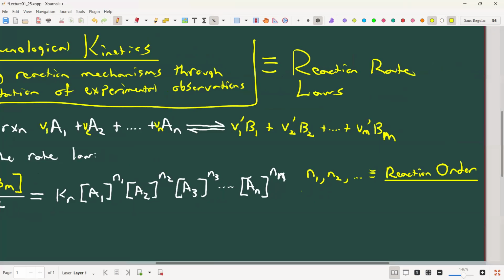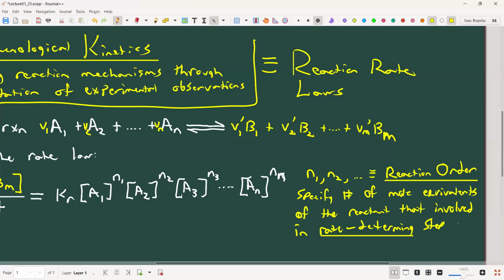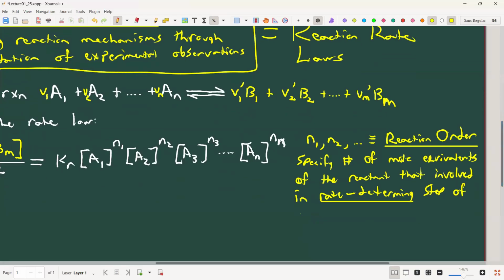And these specify the number of mole equivalents of the reactant that are involved in what's called the rate determining step of the reaction.